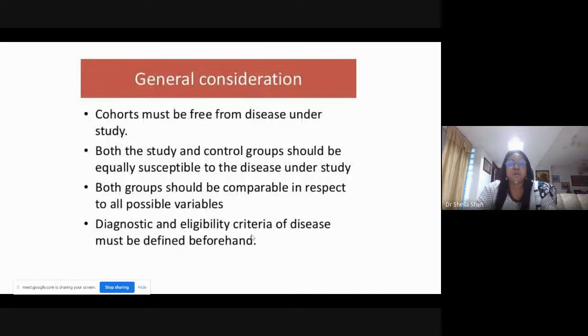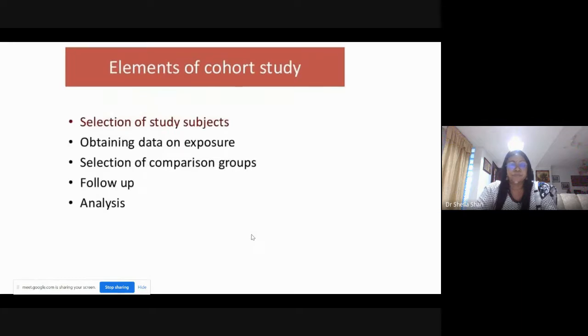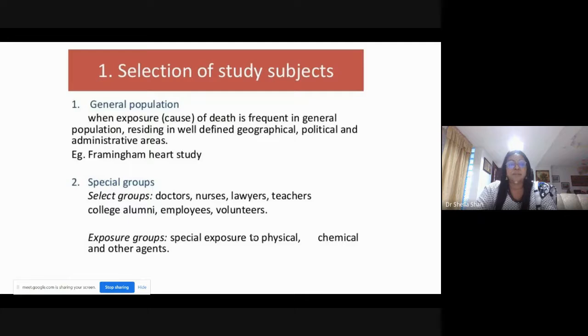When you choose the cohort, they must be free from the disease under study, and both the study group and the control group should be equally exposed to the disease under study, and all the other variables should be constant. So you must have the selection of the subjects.